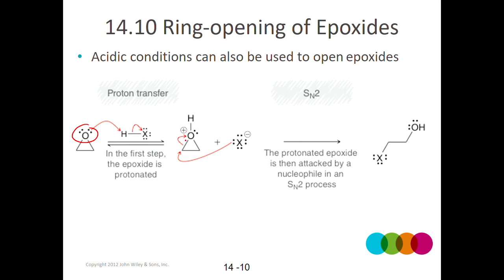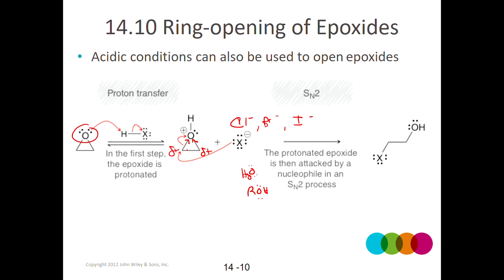Once it's positively charged, it attracts shared electrons way more than it normally would, creating a really large partial positive. So any nucleophile, whether Cl minus, Br minus, I minus, or even water or an alcohol, something that's a weaker nucleophile, once this oxygen is protonated and these carbons take on such a large positive as their electrons get pulled away, would be likely to come in there and attack.